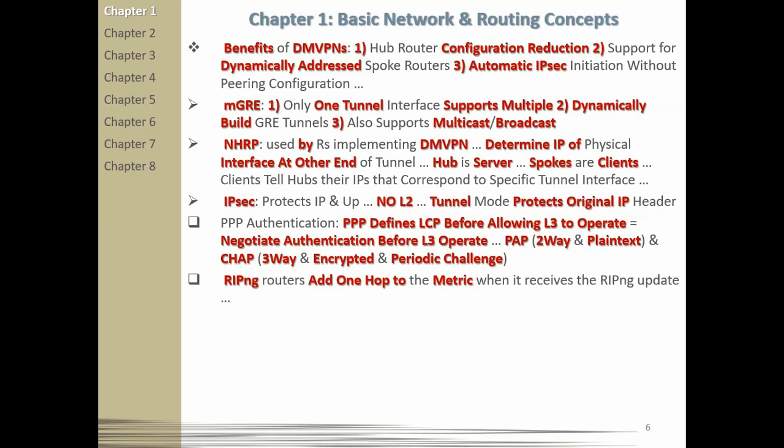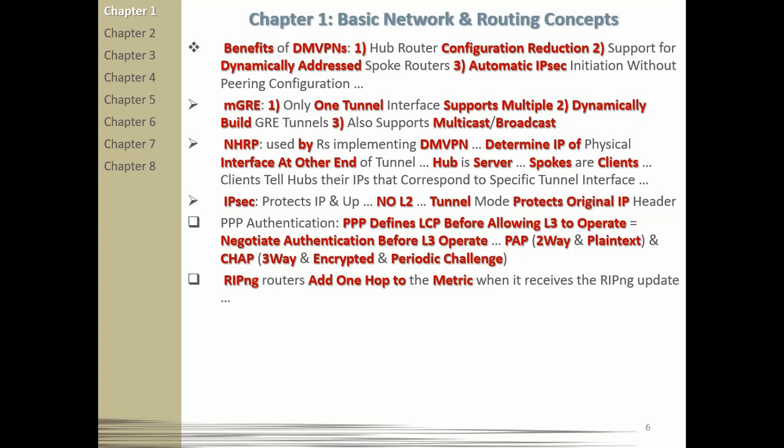In RIP, the maximum number of hops allowed is 15, and that makes 16 or more as unreachable. So if a network is 16 or more hops away, that means the router considers that network to be unreachable.